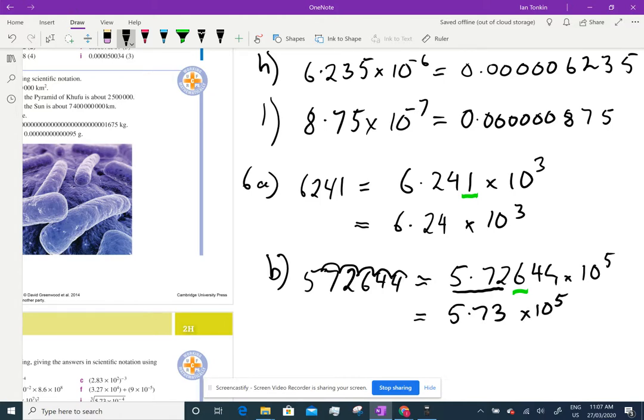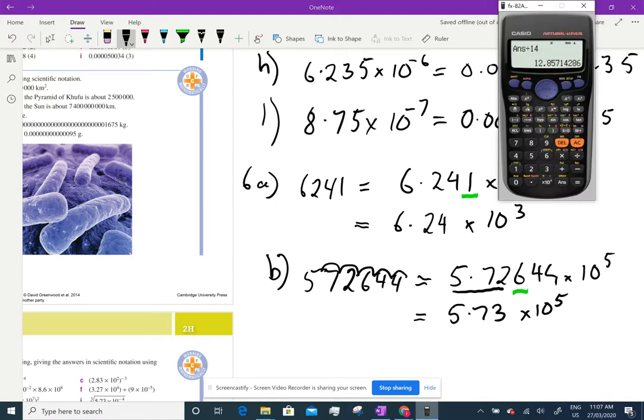Now, when you do these on your calculator, it's so much easier. So here you go. What you do is you set your calculator to scientific notation. So you go Shift, Set, and 7. And it's going to ask you, how many significant figures do you want to go to? Well, we're going to 3, so we'll put in 3. Now every time we type a number in, it'll do it automatically.